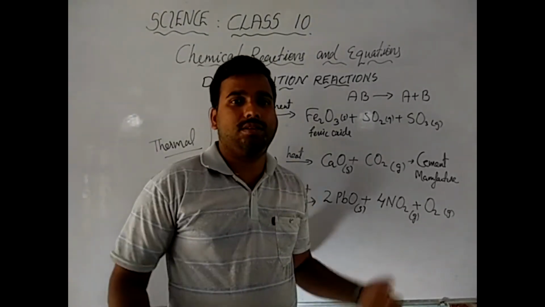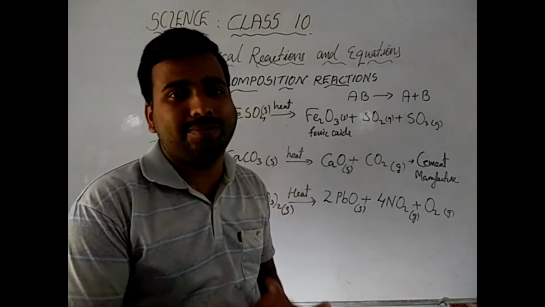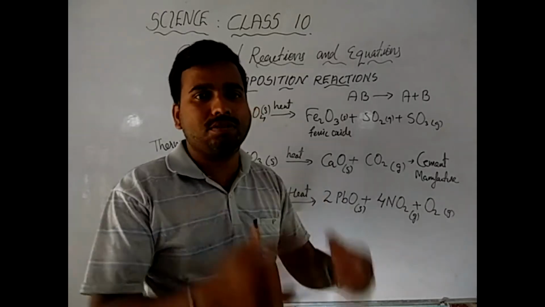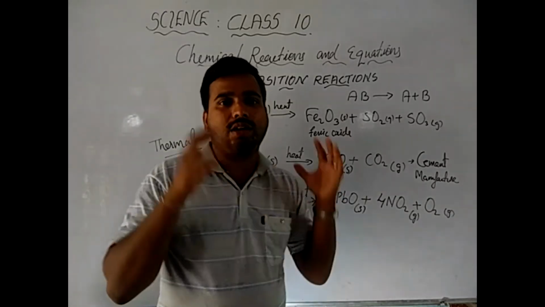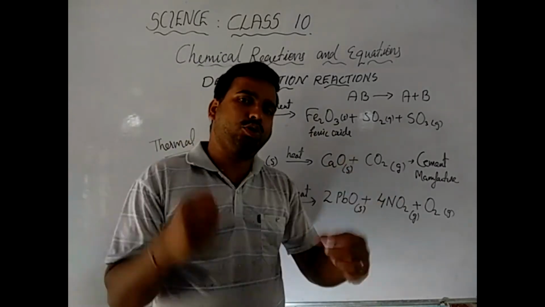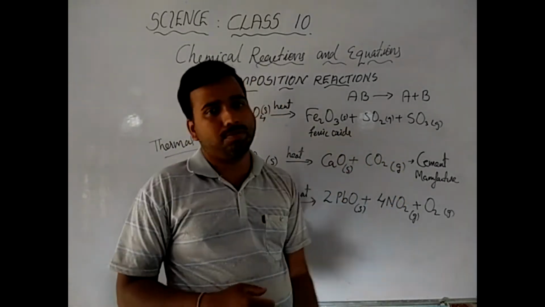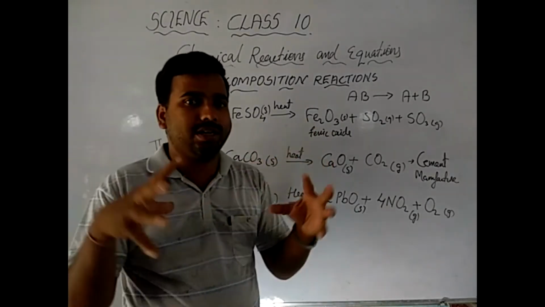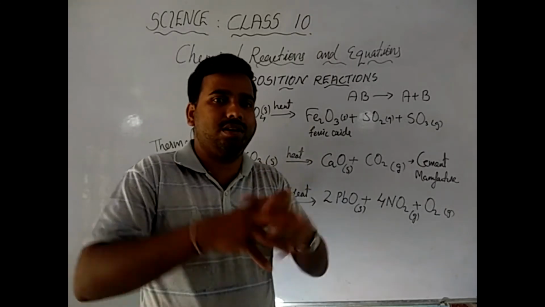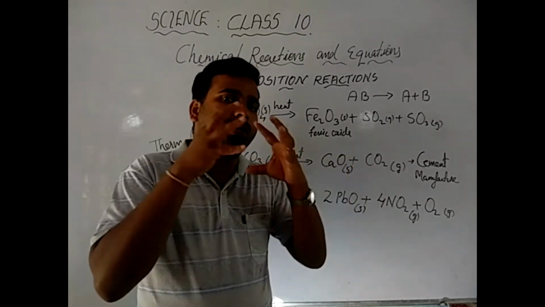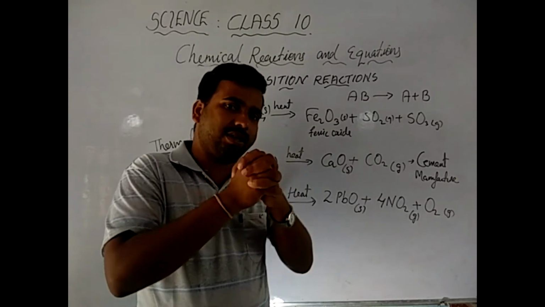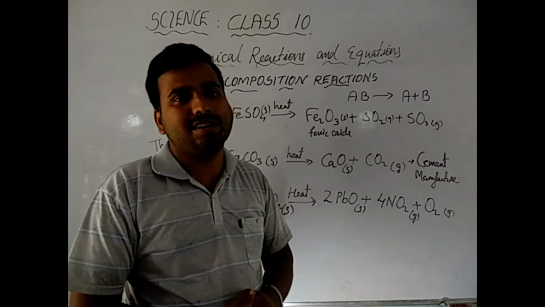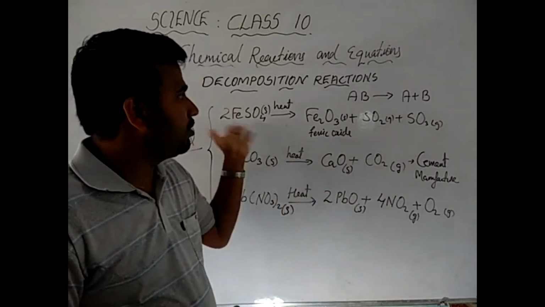Hello dear students, in today's video we are going to discuss the second type of chemical reaction, called decomposition reaction. It is just opposite to combination reaction. In a combination reaction, two reactants combine to give a single product. Here, a single compound breaks itself into two or more different substances with the help of heat.